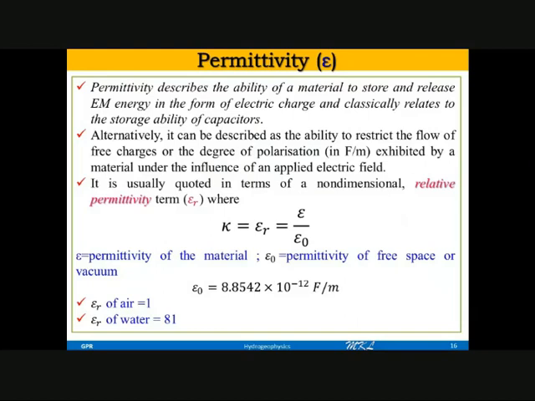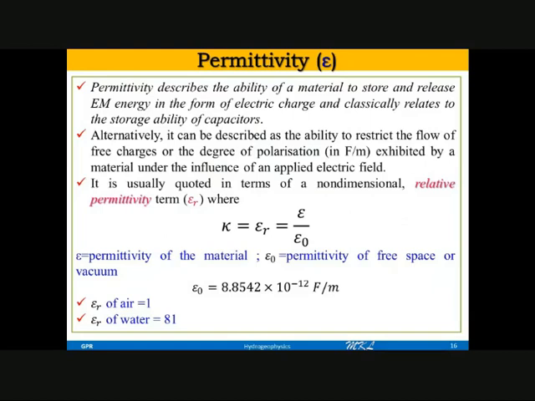Classically it relates to the storage ability of the capacitor. So if the permittivity is higher, then the propagation of EM wave will be easier. If epsilon is higher, the dielectric material will be more conductive to electrical current.